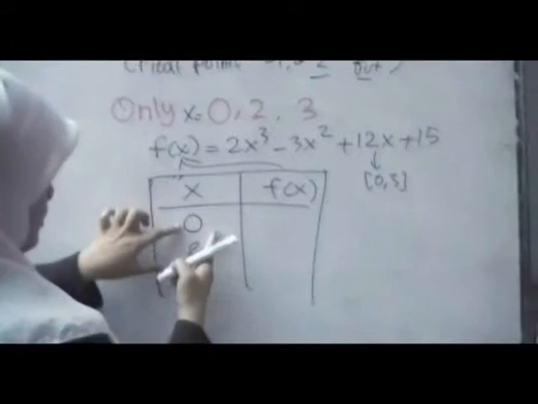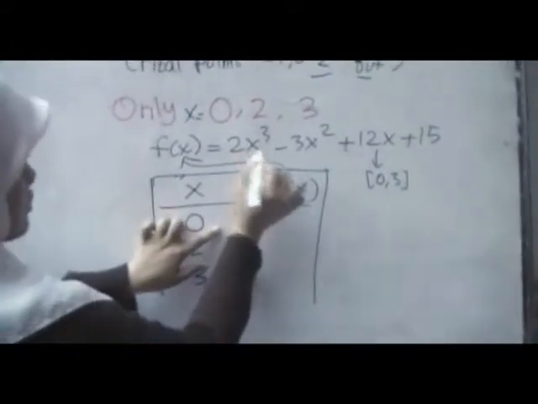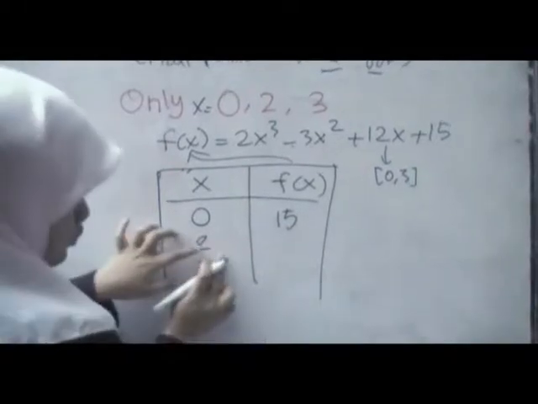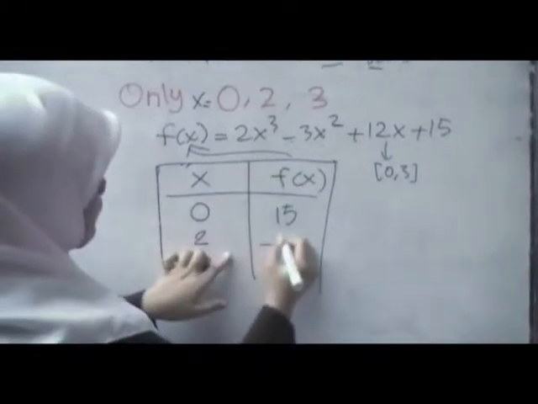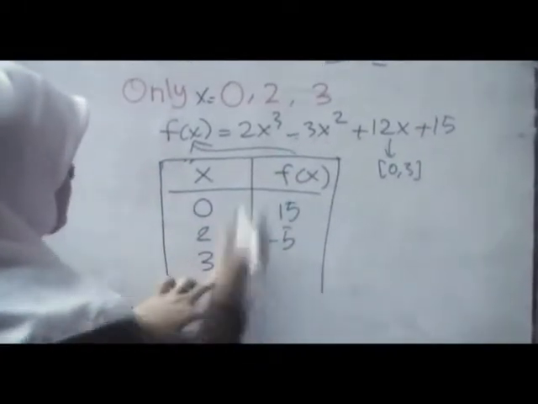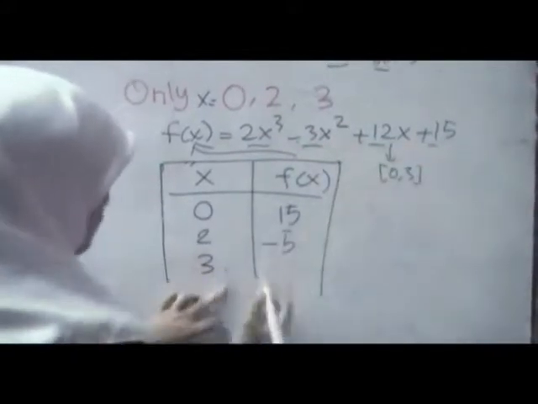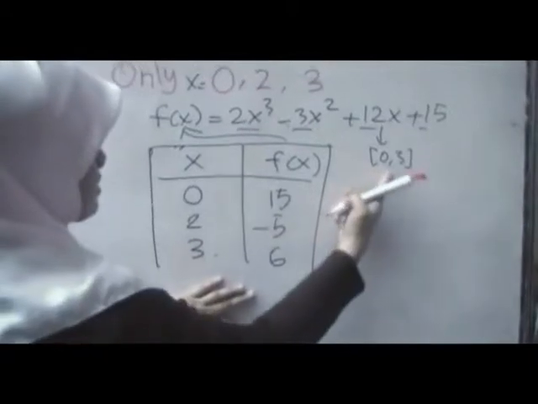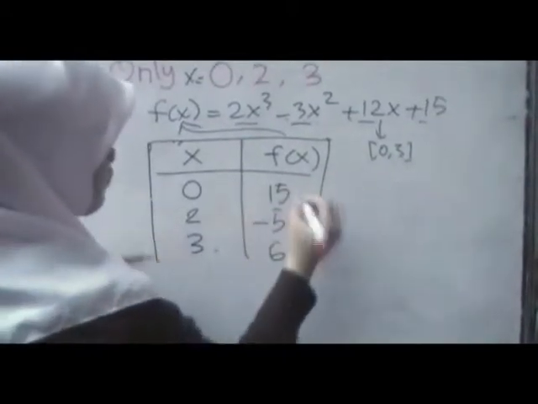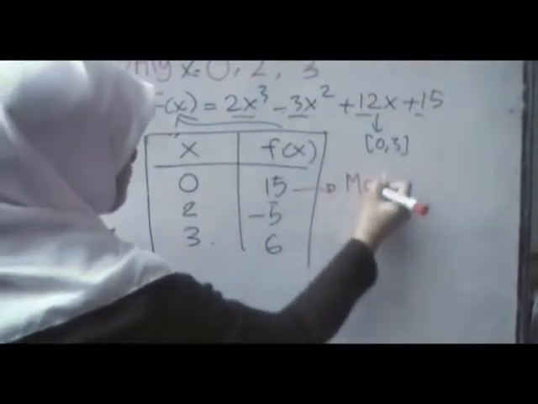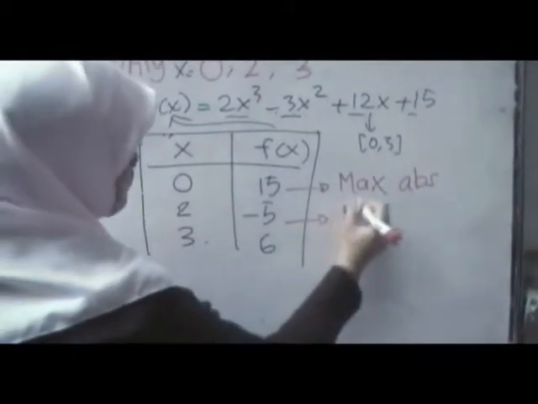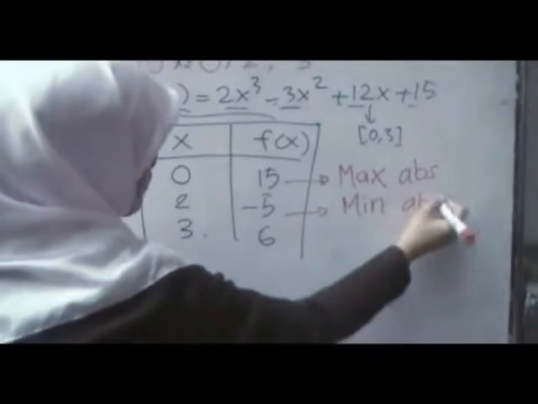First we write 0, 2, and 3 to substitute in the function, and we get 15, and the second also, and the third also we substitute into the first function. On 0 to 3, 15 is the absolute maximum, and minus 5 is the absolute minimum.